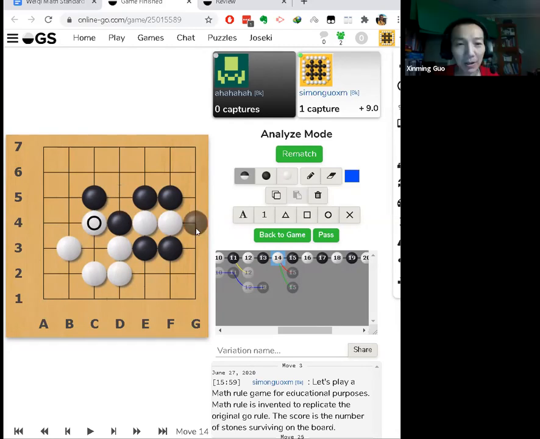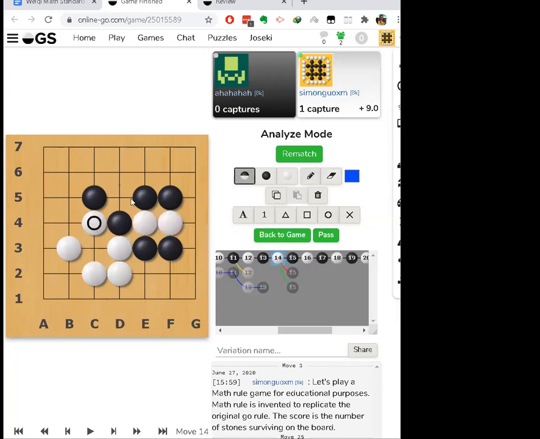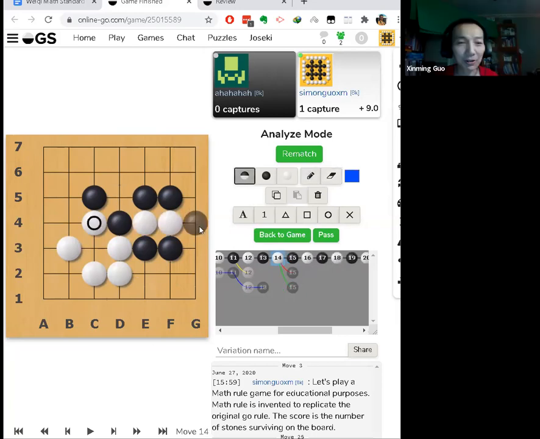And black playing here can create an opportunity to get more territory in this area. So this one also makes sense. Both steps make sense. Connect or capture, both make sense. Sometimes you need to play D5, sometimes G5.